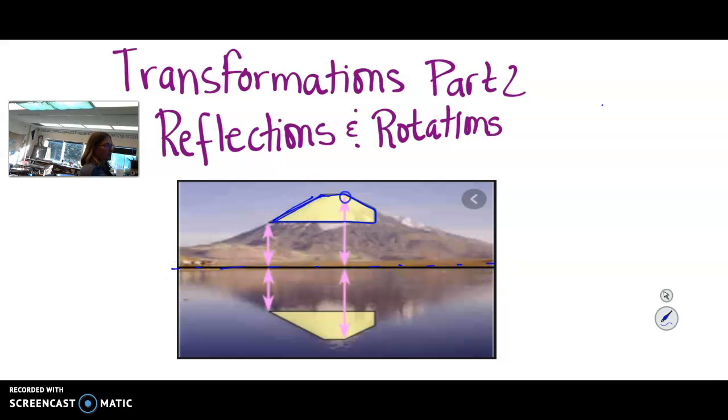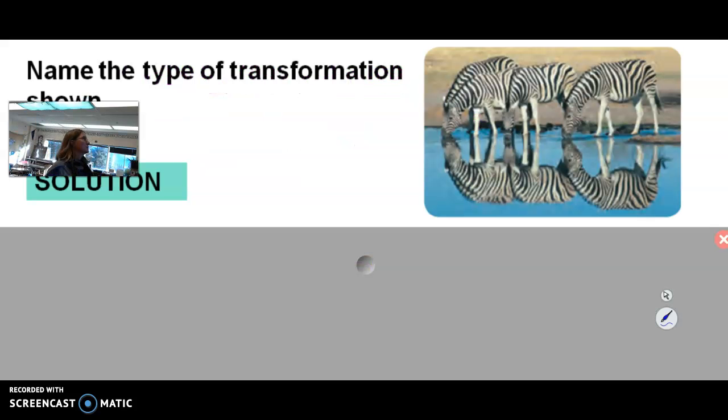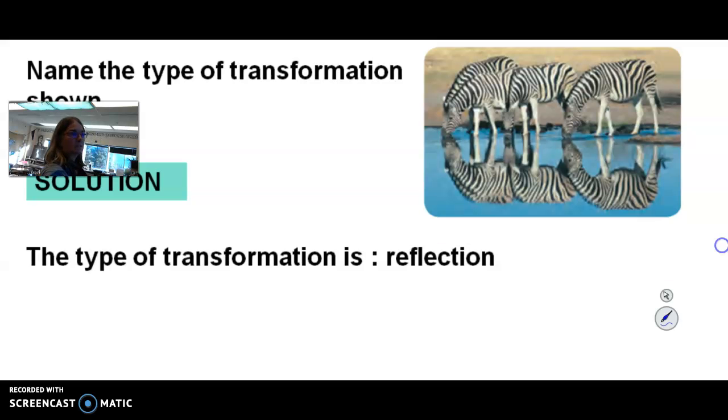This image right here gets reflected across that line over to here, and that's a place where maybe you would use reflections. Okay, so name the type of transformation that's shown in that picture. Hopefully you see that that is also a reflection.